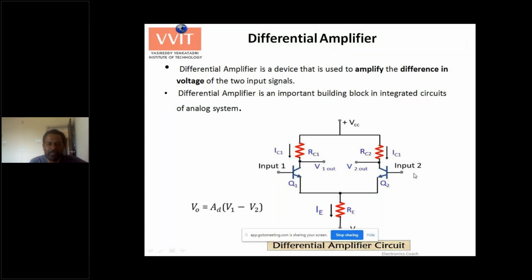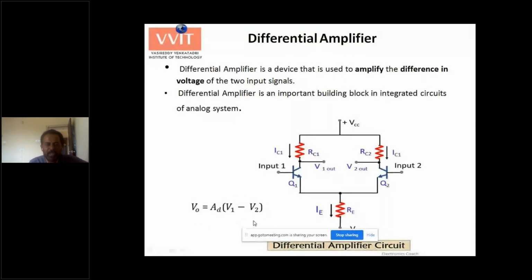There is a common RE. There could be various versions. This is one version where you have to use two supply voltages, plus VCC and minus VEE, and then you apply signals here. This is V1, this is V2, and the overall output is given by A times V1 minus V2.